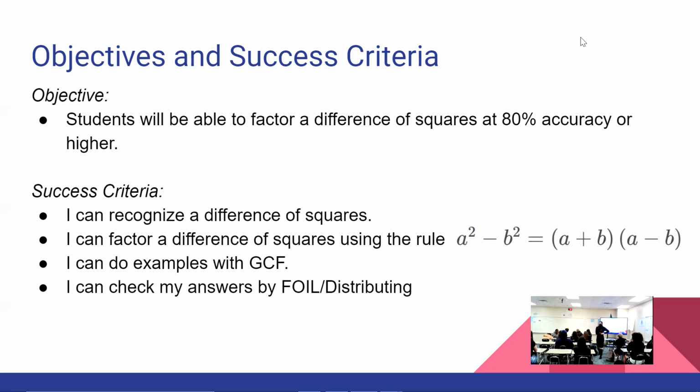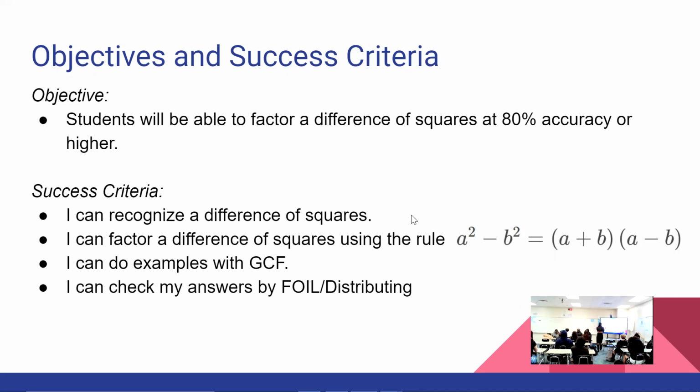Do use it as practice, because the first step for factoring is you should always look for a GCF first, and then we're going to look for the other methods of factoring today. So today is difference of squares. To be successful at that, you need to know what a difference of squares is. You need to be able to factor a difference of squares using that rule, which I will not be providing to you.